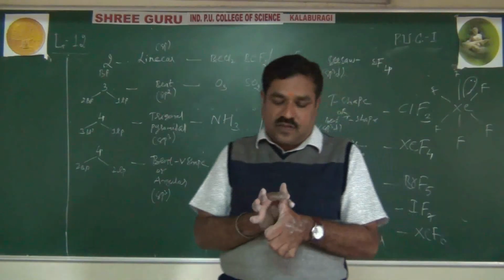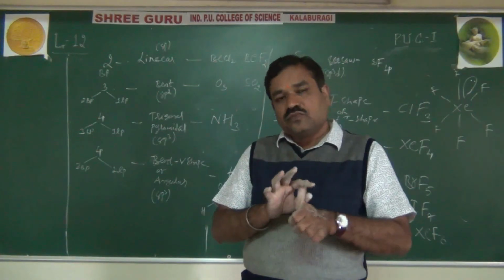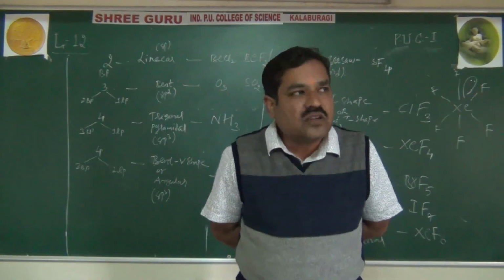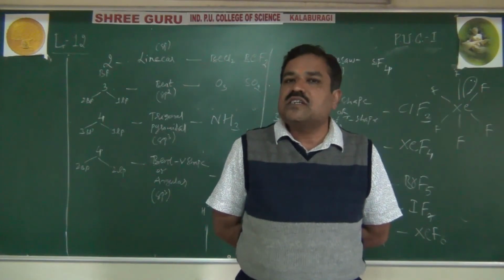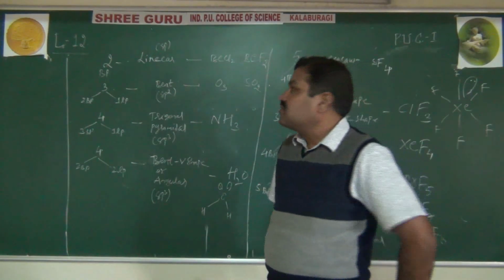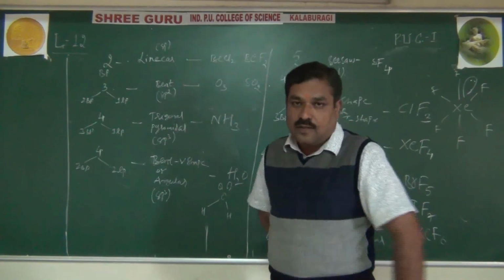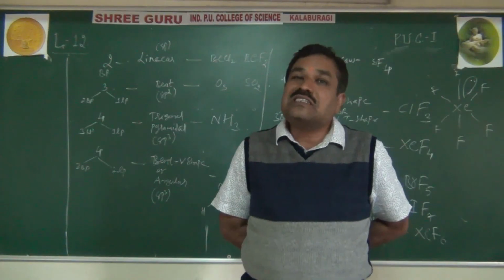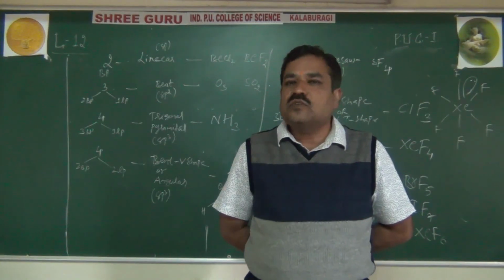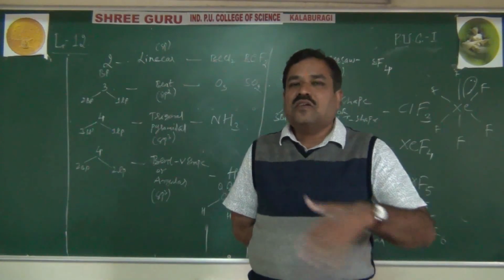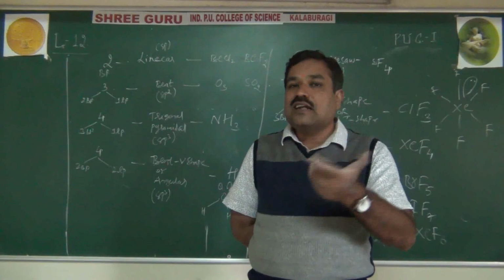Okay, so that's why I first started with the Lewis dot structure. From there we jumped, after Lewis dot structure very importantly valence bond theory. After valence bond theory, hybridization. After hybridization, now I have given you the idea of VSEPR theory. After these three, you will know VSEPR theory, right? After this, I will teach you how to write resonance structures, because if I had taught resonance in between, you would not understand anything. You used to ask what are sigma electrons, what are pi electrons. Therefore valence bond theory and hybridization are very important to understand VSEPR.